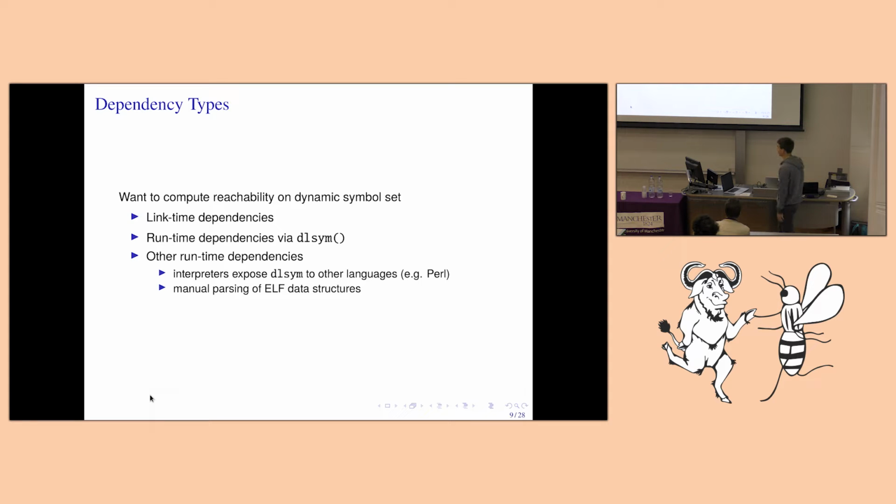And also people could manipulate ELF data structures in C like dlsym does, except it would be their own dlsym. So in these cases we just punt completely, or rather we provide the user with a possibility to annotate, to manually add edges to our global graph if they know the dependencies.